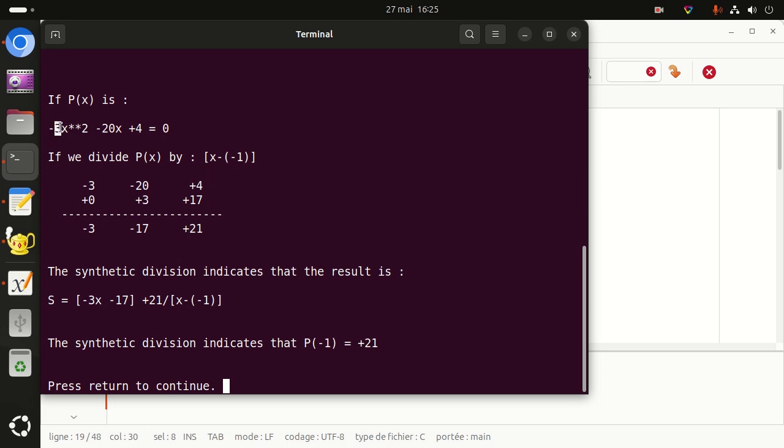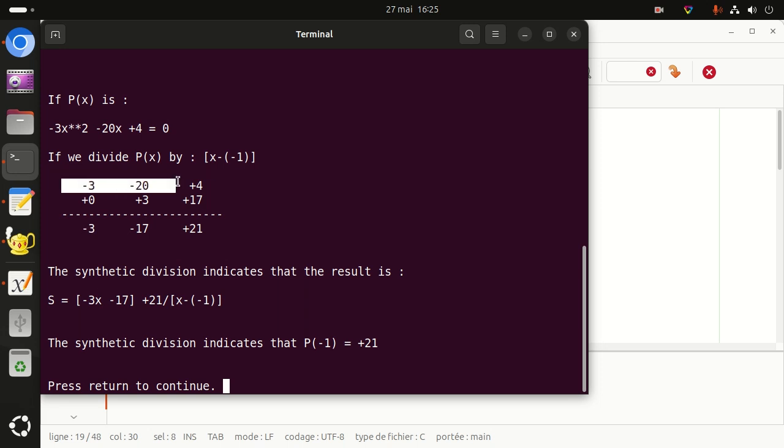The first coefficient, minus 3, the second coefficient, minus 20, and the third coefficient, 4.